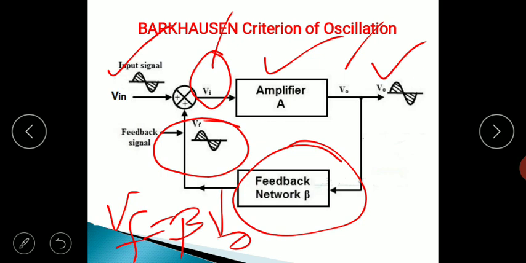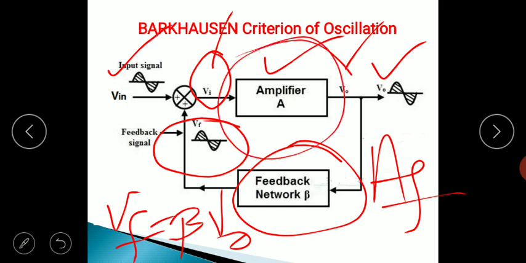Now, using this block diagram, we have to derive the expression for the closed loop voltage gain AF, and then from that expression of the closed loop voltage gain AF, we have to study the behavior of this particular block diagram, and we have to come to the conclusion that this amplifier with positive feedback can be used as an oscillator, and that itself is called the Barkhausen criterion of oscillation.